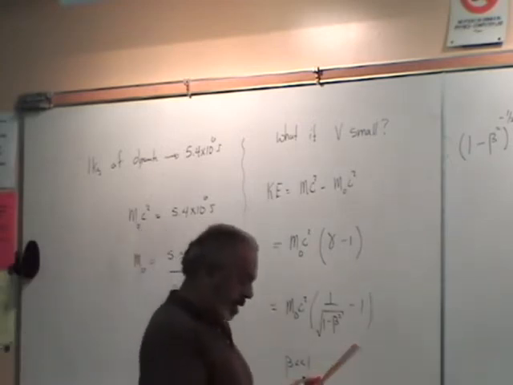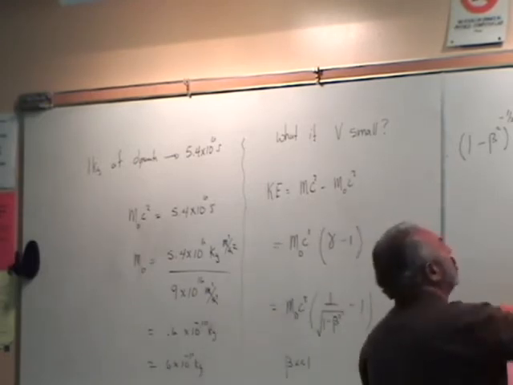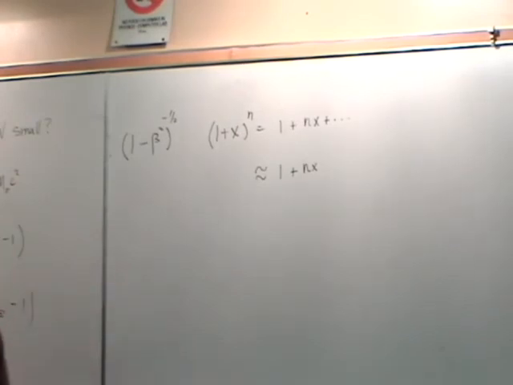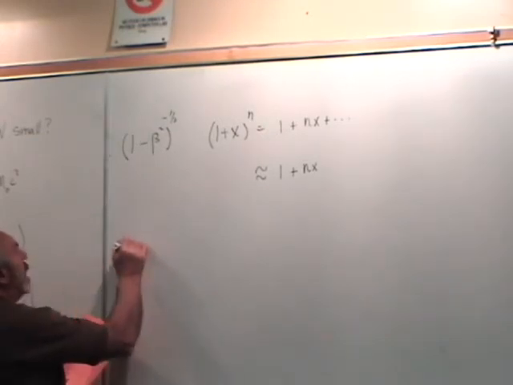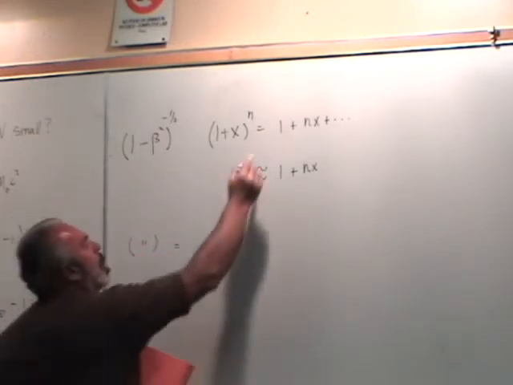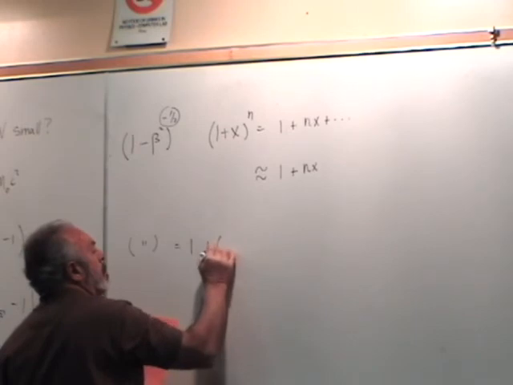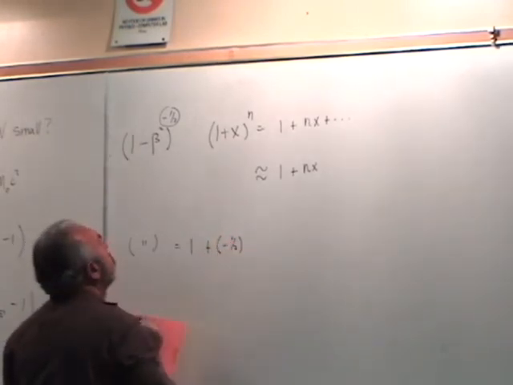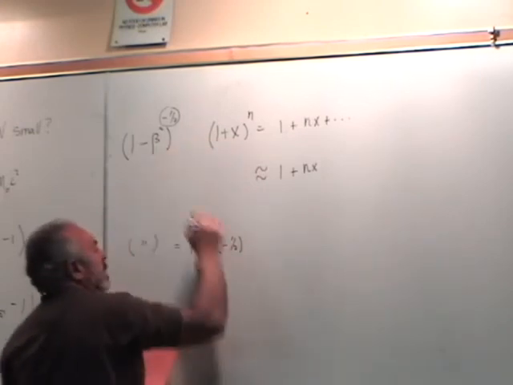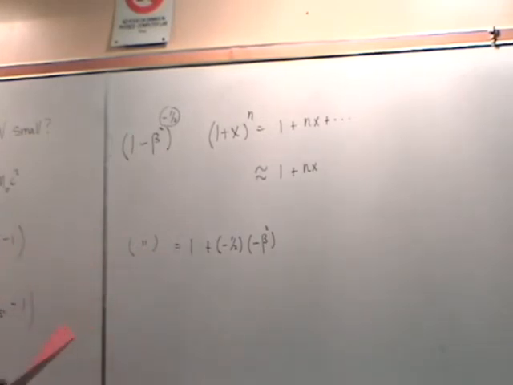Oops, I don't have that right. Ladies and gentlemen, I don't have that right. Please fix that on your notes. So, I can say then that the above expression is equal to 1 plus n x, and I get a double negative.